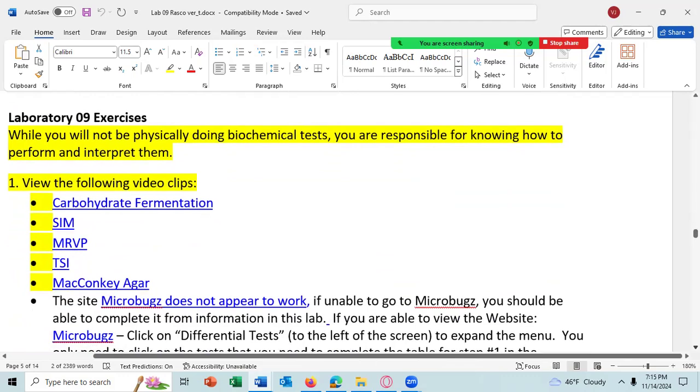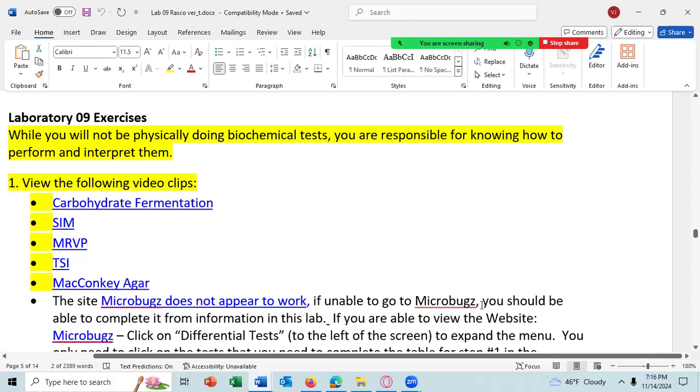You're not physically going to be performing any of these tests, but you are responsible for knowing how to perform and interpret them. We have videos on the carbohydrate fermentation test, on the SIMS test, on the MR-VP test. Remember, that's two tests, the MR test and the VP test. The TSI, or triple sugar iron test, and then a video on the MacConkey's test.